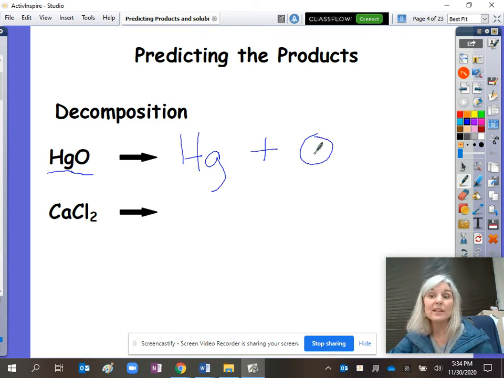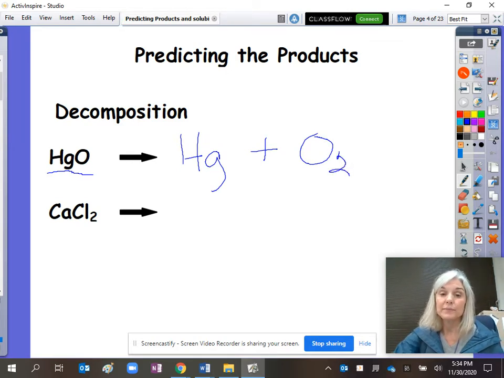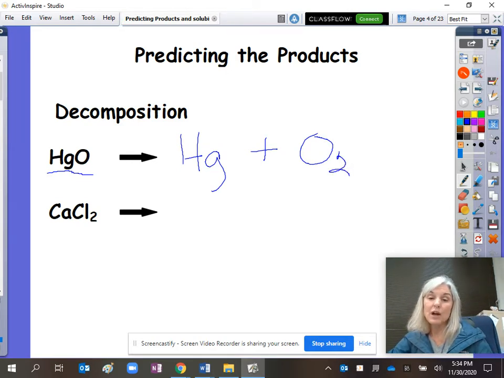And your answer is no. It always is written with a 2 after it. So remember, oxygen is a diatomic molecule, so you have to put a subscript 2. Remember, there's 7 of them. Now, after we have broken up the Hg and the O, we have Hg plus O2.